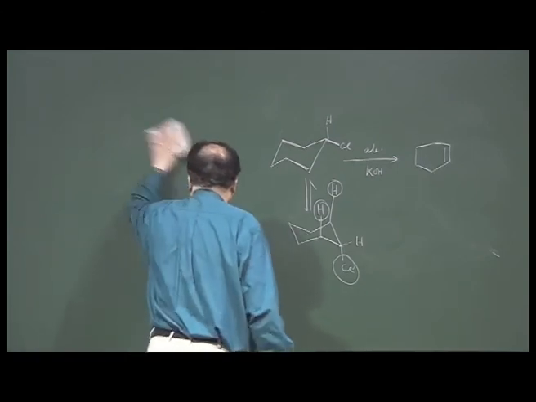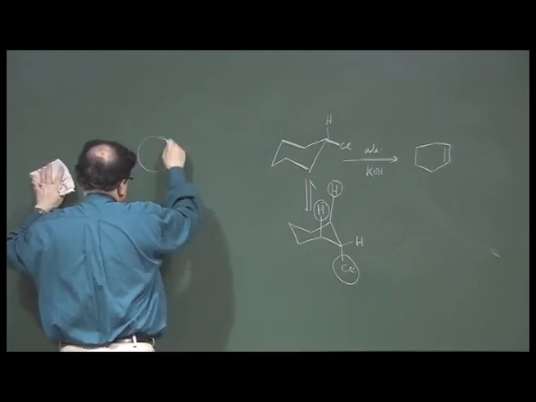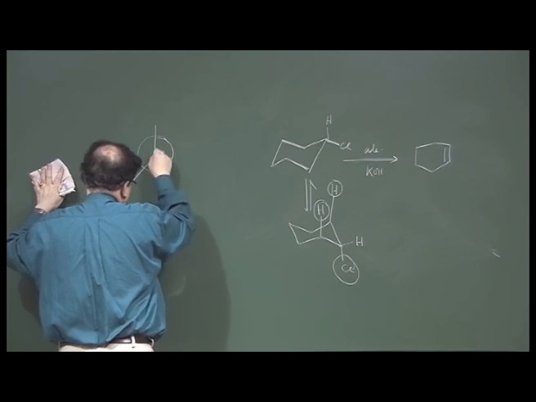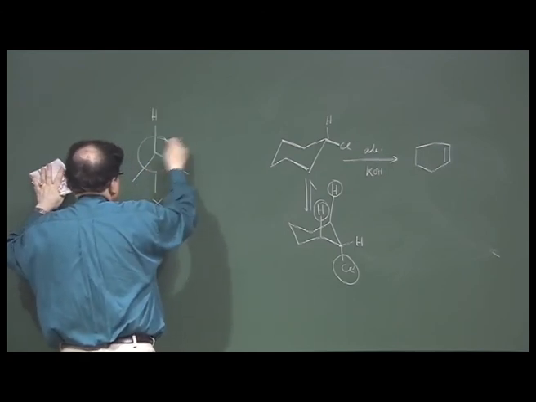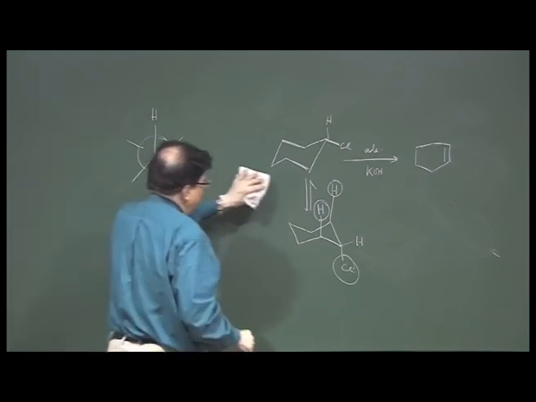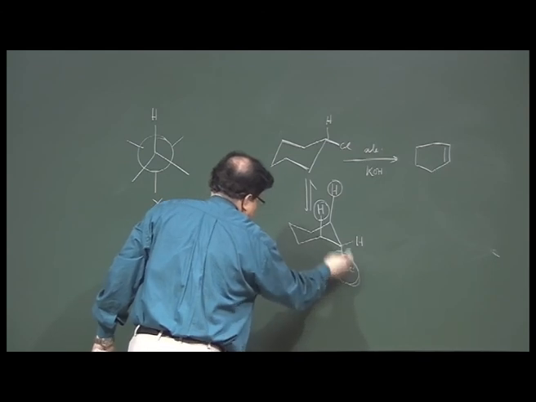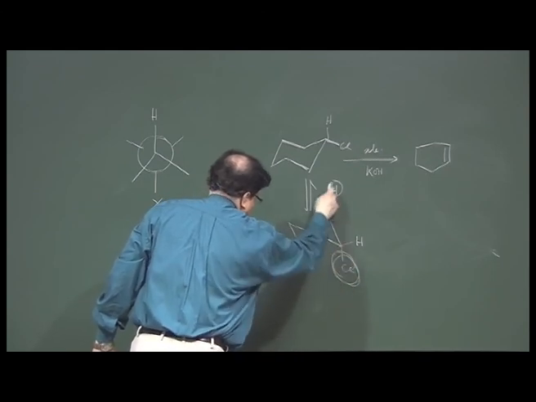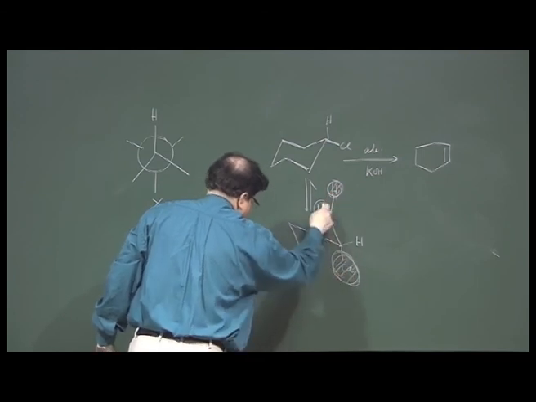Again I repeat: in an acyclic system, the best approach is to consider a Newman projection with the hydrogen and X anti, and in the cyclohexane system your H and X should occupy this type of diaxial orientation.